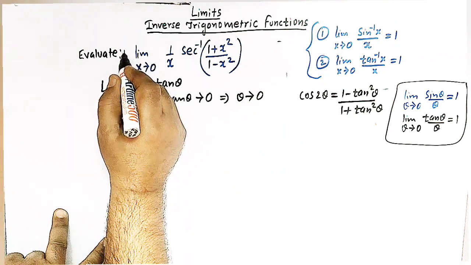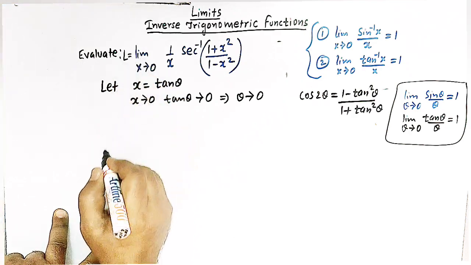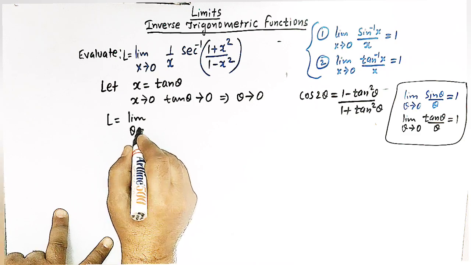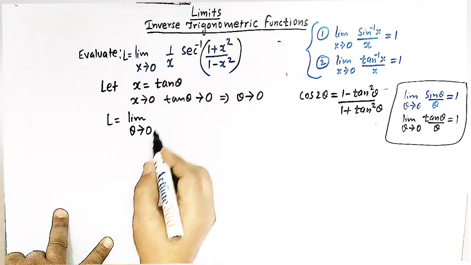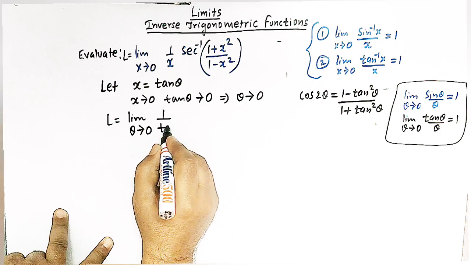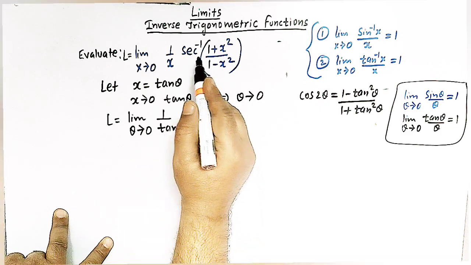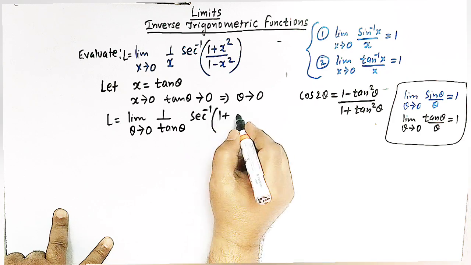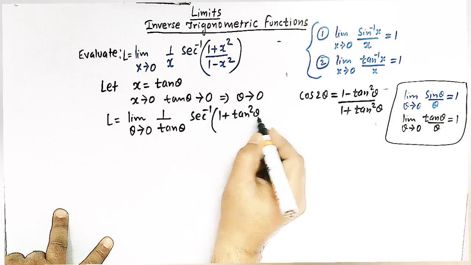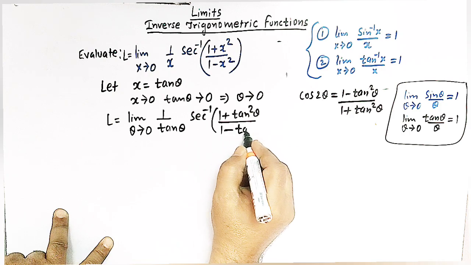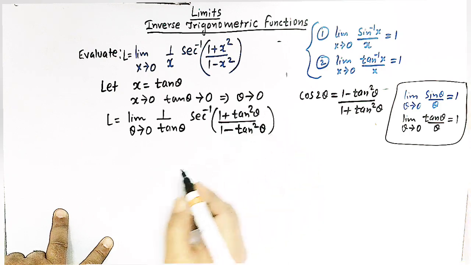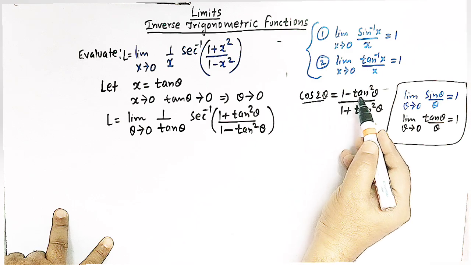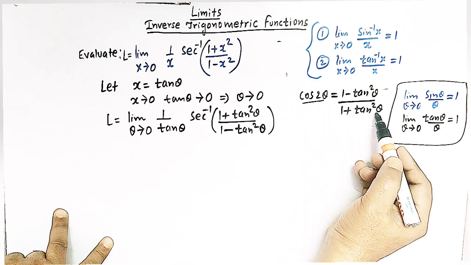So now let us take the value of this limit as L. So we have L is equal to limit theta tends to 0, and here we have 1 over x, so we can now write 1 over tan theta, and here we have a secant inverse and 1 plus tan square theta divided by 1 minus tan square theta. So now here we have cosine 2 theta is equal to 1 minus tan square theta over 1 plus tan square theta.